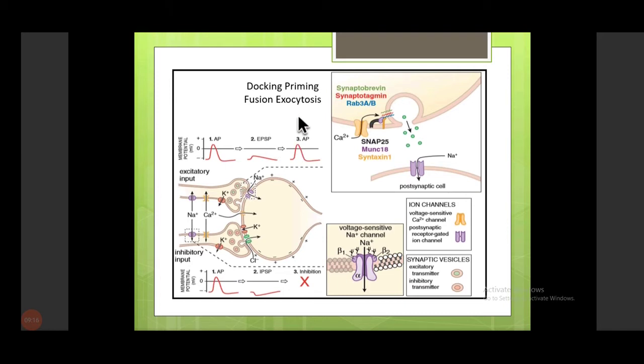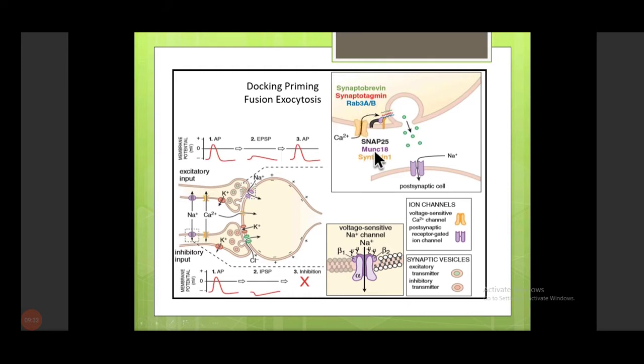So when an excitatory impulse comes from the neuron, it helps in docking, priming, and fusion of these synaptic vesicles. To understand this, just pay attention to the square diagram on the upper right hand side.